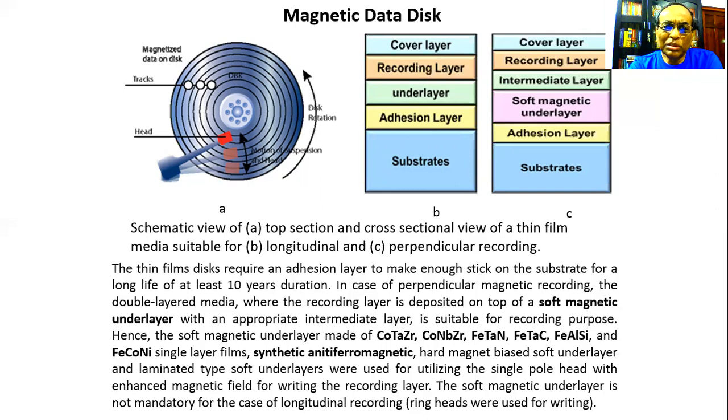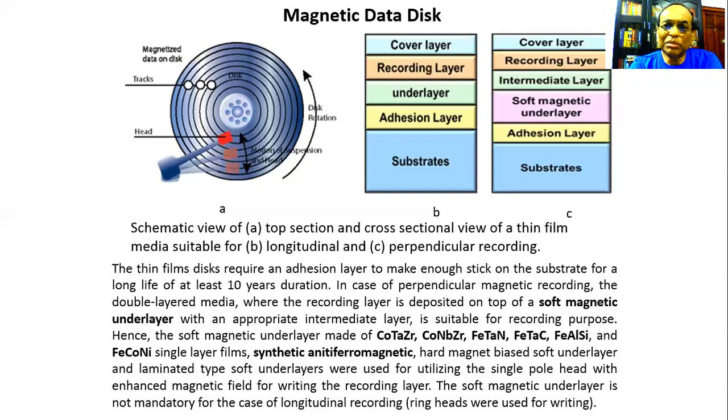A schematic view is shown here, the top section and cross-sectional view of a thin film media suitable for longitudinal and perpendicular recording. The thin film disk requires an adhesion layer to stick enough on the substrate for a long life.